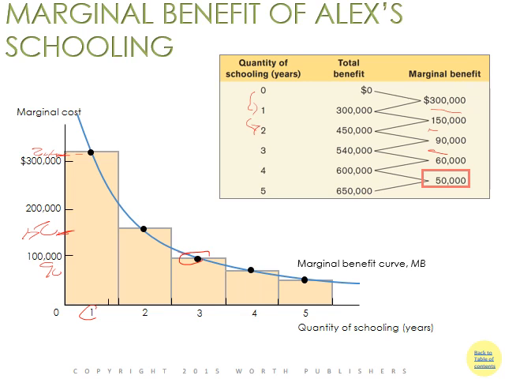The fourth year of schooling produces $60,000 in additional benefits. And the fifth year of schooling produces $50,000 in additional benefits. And if we fit a curve through these points, what we get is our marginal benefit curve that's associated with going to university for one more year.